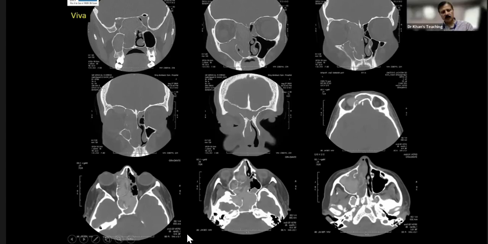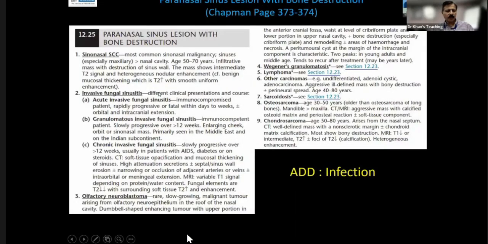Okay, so if you see here, paranasal sinuses with bone destruction, and there are three types of fungal sinusitis according to the clinical scenario. Acute invasive fungal sinusitis can be seen in immunocompromised patients, and they will progress within days to weeks, with orbital extension.